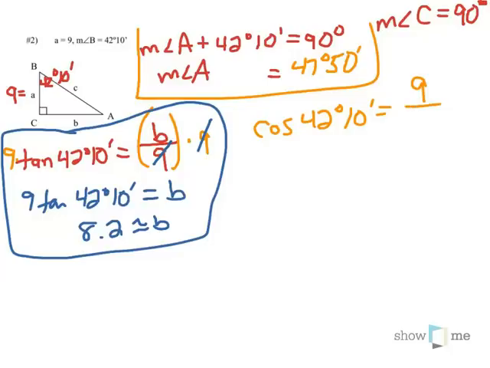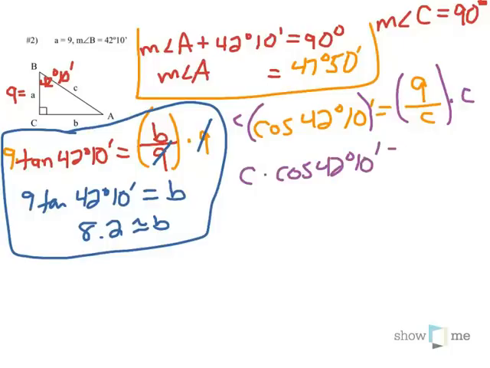To break the 9 and the C apart, we're going to have to get rid of the dividing by C. So we're going to multiply both sides by C. On the left, then, we get C times cosine of 42 degrees 10 minutes. On the right, our C's cancel. C divided by C is 1. 9 times 1 is 9.